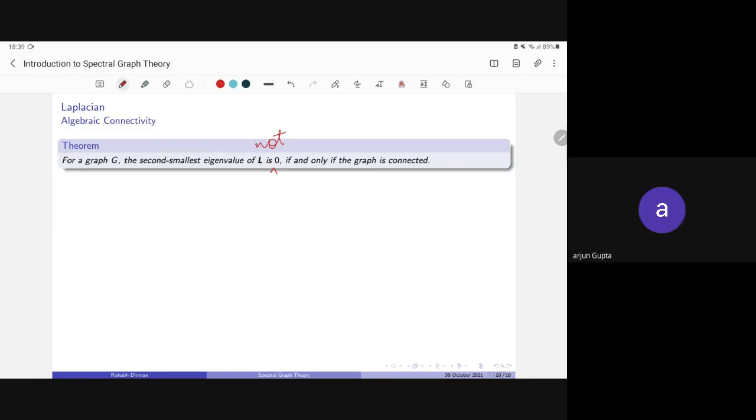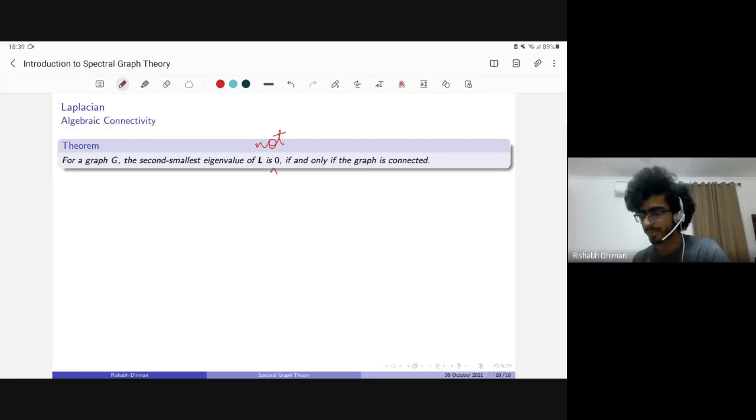One point I didn't stress: you add the extra condition that the eigenvector is not all 0, because if that were the case, everything would be an eigenvalue, and it would be pretty useless.